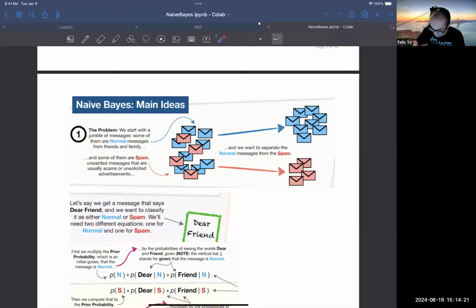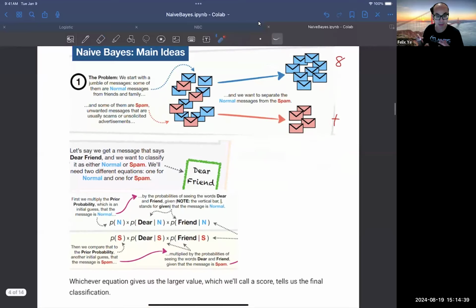In total, 8 of them are normal and 4 of them are spam. So that's our examples, my training data set.